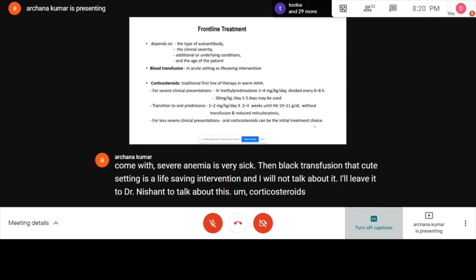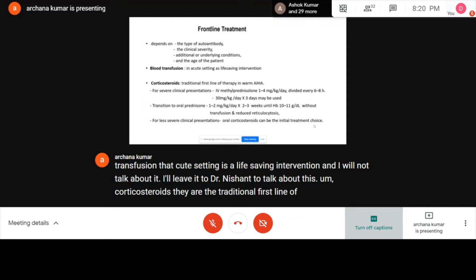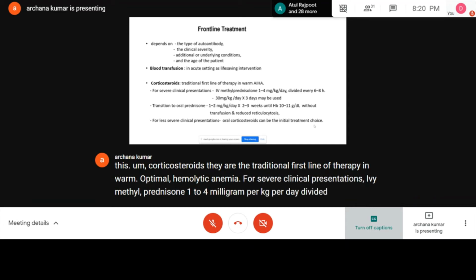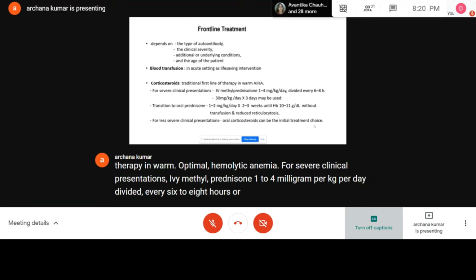Corticosteroids, they are the traditional first line of therapy in warm autoimmune hemolytic anemia. For severe clinical presentations, IV methylprednisolone 1 to 4 milligram per kg per day divided every 6 to 8 hours, or 30 milligram per kg per day for 3 days may be used.